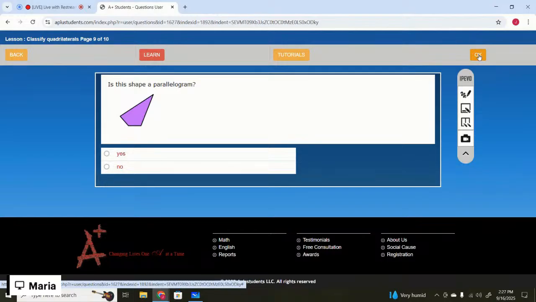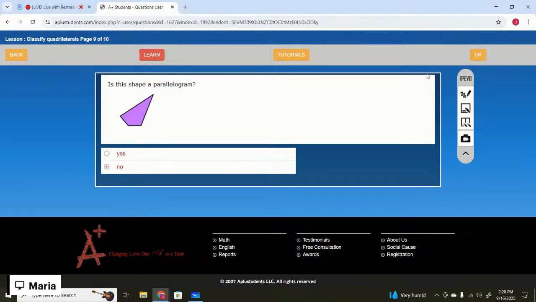Is this shape a parallelogram? That is a parallelogram?